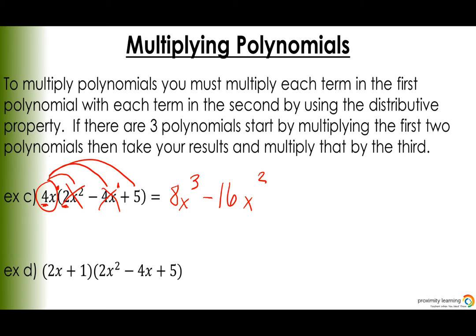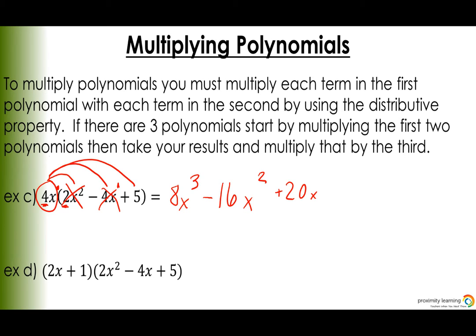So 4 times negative 5 gives us negative 20, and then like I said, we're going to slap an x on it. So 4x times 2x squared minus 4x minus 5 leaves us 8x to the third minus 16x squared minus 20x.